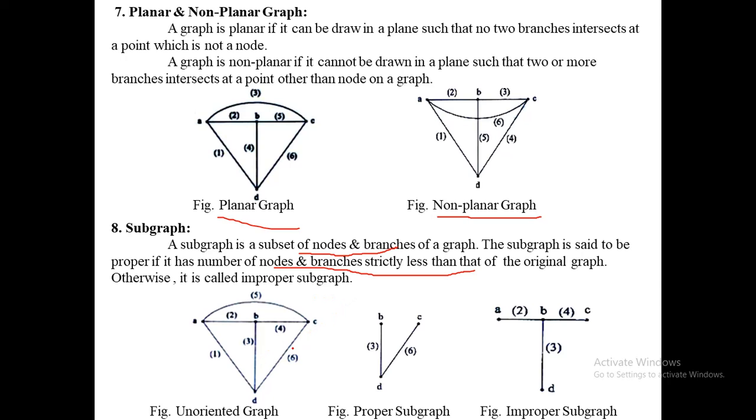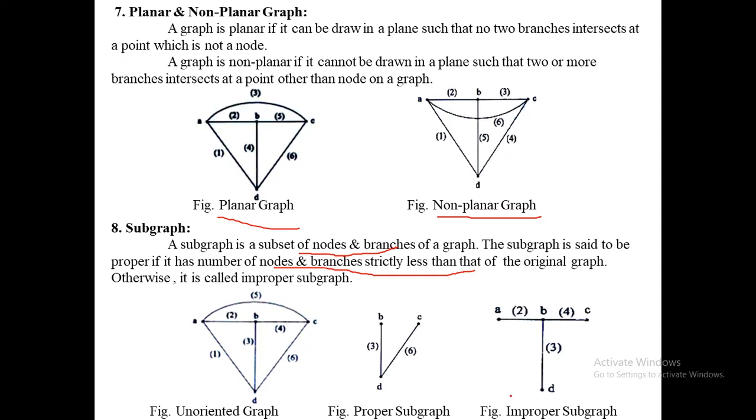Let's see the example. This is the unoriented graph. Here, a subgraph means it should have fewer nodes and branches than the original graph. This graph has 6 branches and 4 nodes in total. This is a proper subgraph because it has fewer branches and fewer nodes than the original graph.